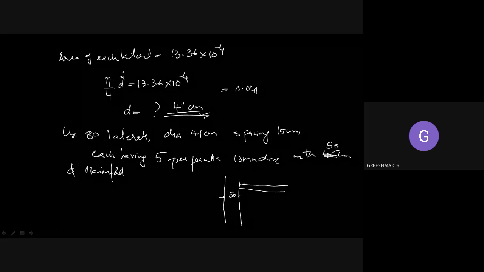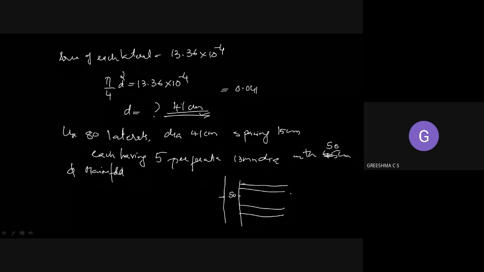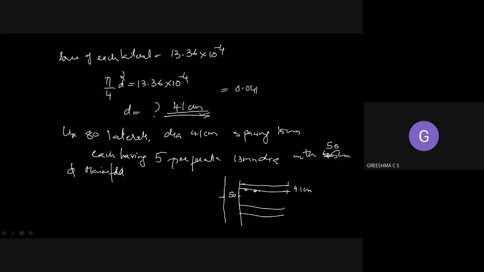Okay, this is laterals, and this lateral is having a diameter of 4.1 centimeter. Okay, and this is having perforations, 5 perforations. And in this perforation, the diameter is 13 mm. Okay, perforations, and the spacing between these laterals is 15 centimeter.